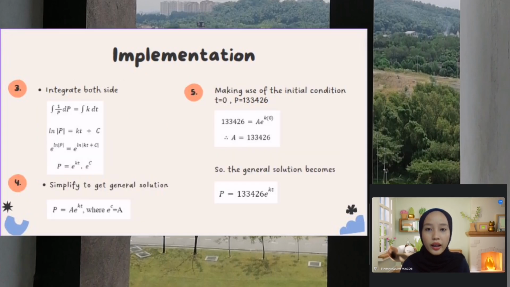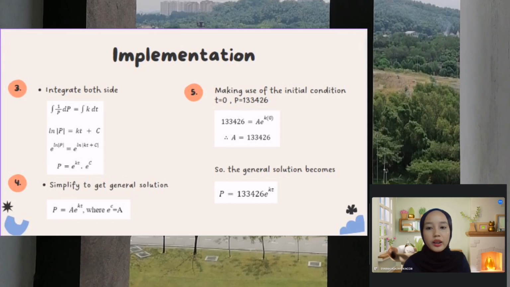Next, we integrate both sides, and we get ln P = kt + C. Making it exponential on both sides, we get P = e^(kt) times e^C. Then we simplify by letting e^C = A, and in result, we get P = A e^(kt).